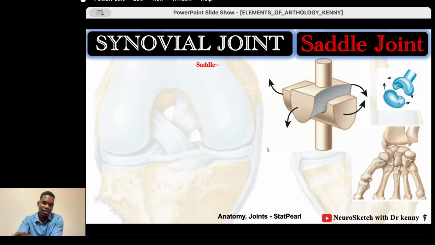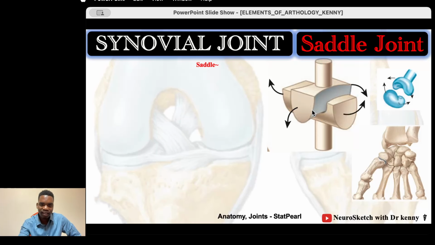For example, this bone, the top one, is convex in this direction, and concave in this direction.